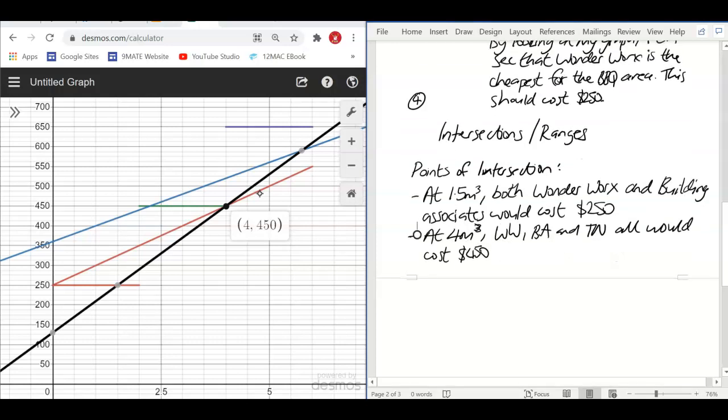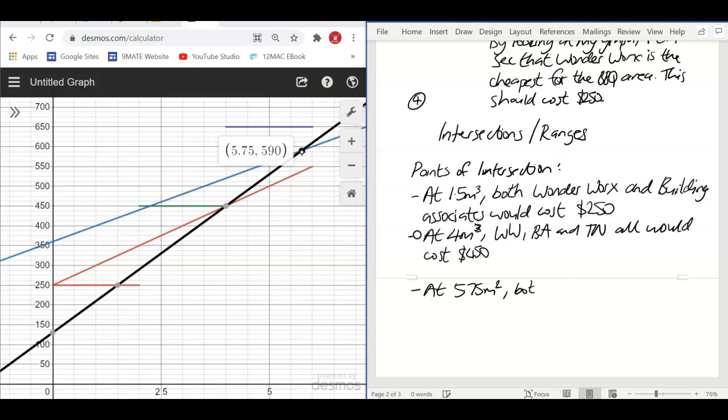Okay, and the last one, can we see any more? So it looks like there is one more point of intersection up the very top here that might be relevant. We could probably discuss the one over here as well if we're really keen, but let's just settle on that one there because we only need to do 1 or 2 of them. So at 5.75 meters squared, the black line was Building Associates, and the blue line was Cooper's Cement.